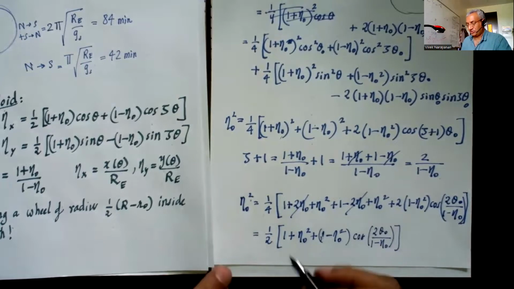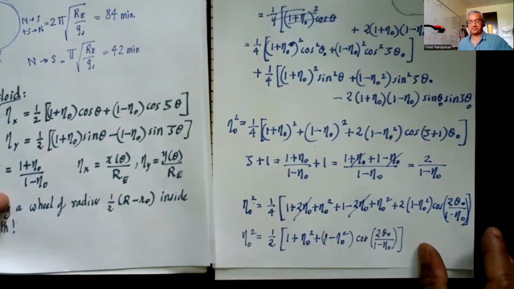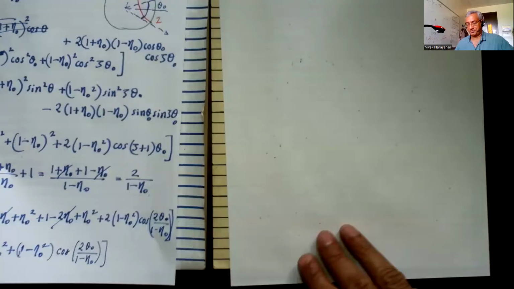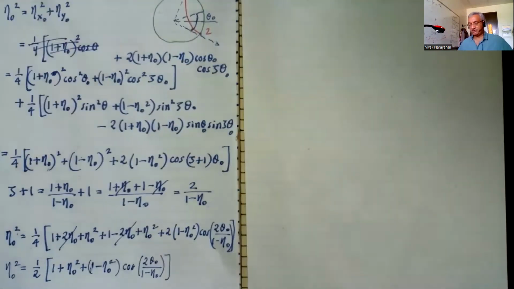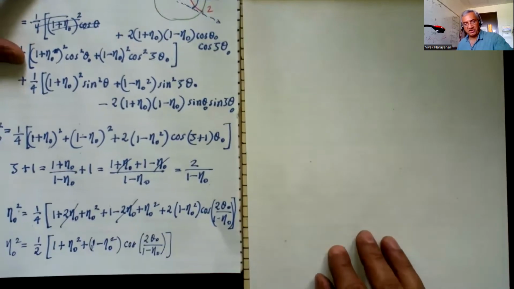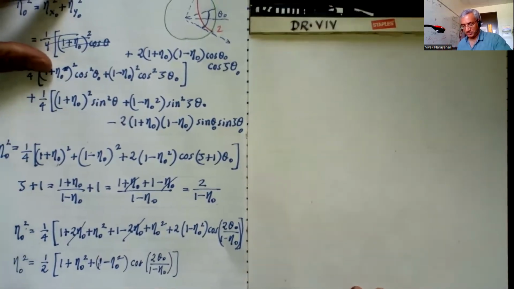Unfortunately, it's what's called a transcendental equation, which means the left-hand side has got eta naught squared and the right-hand side has got eta naught buried in the cosine. So at this point, a computer is the only option. And indeed, I took the opportunity of putting this in Wolfram Alpha. But fortunately for us, I just realized when I did all that, that I didn't have to do that at all, because the answer was so simple.